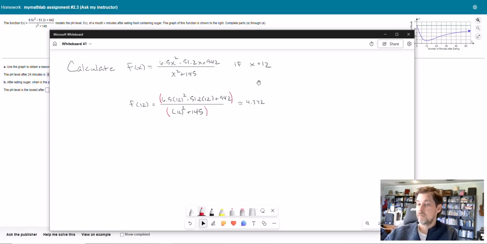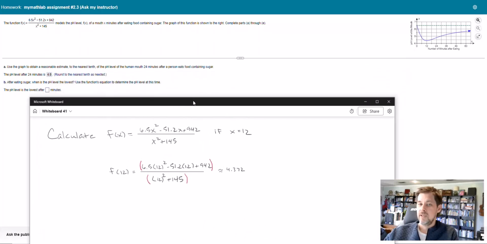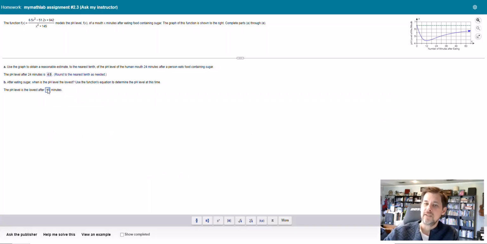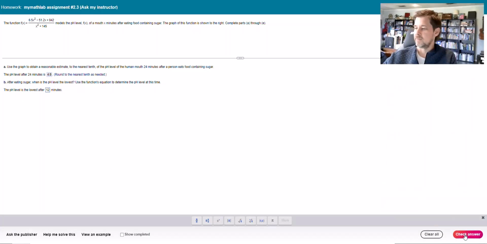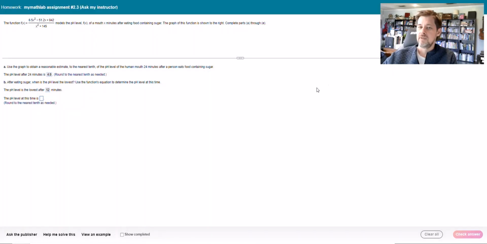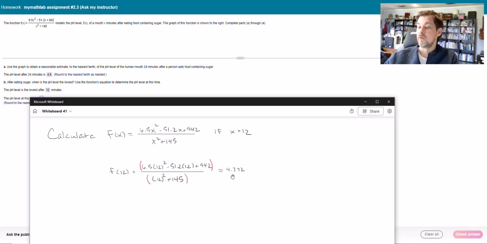So I get 4.372. First of all, when it says the pH level is lowest after how many minutes, that's 12, the number I identified on the graph. And then the pH level at that time, where it says round to the nearest tenth, would be 4.4.